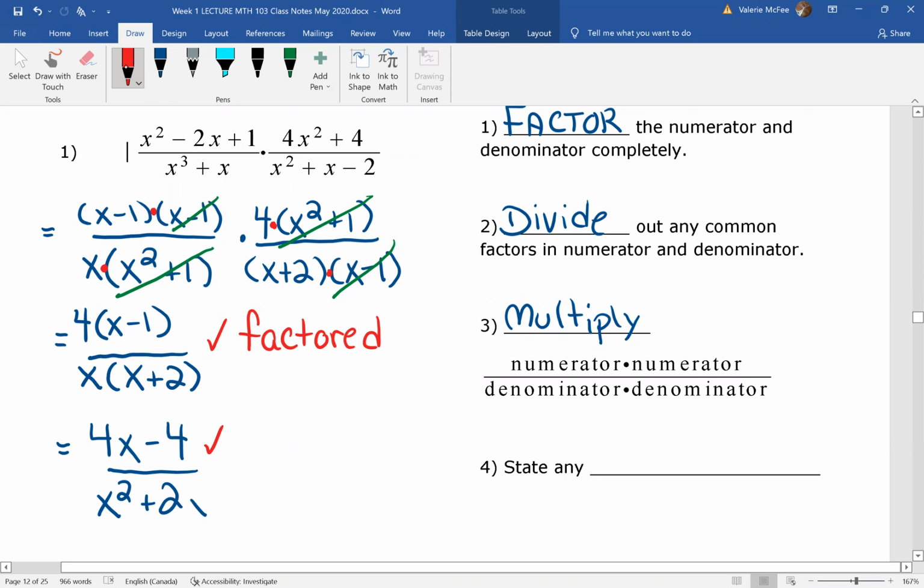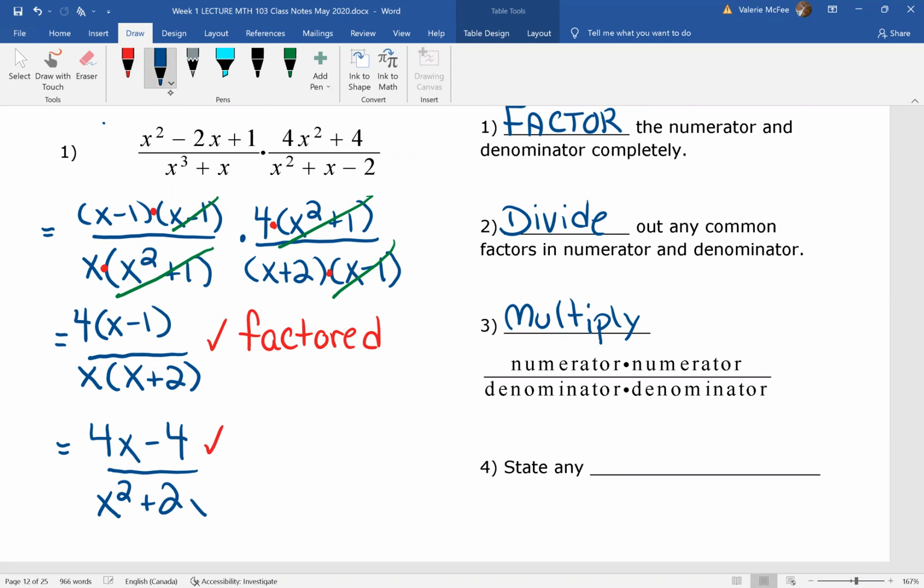And finally, because we want practice, we're going to state any restrictions. What are the non-permissible values of x? Remember, we have to go back to the beginning of the question. So I look here where I see x cannot equal 0.